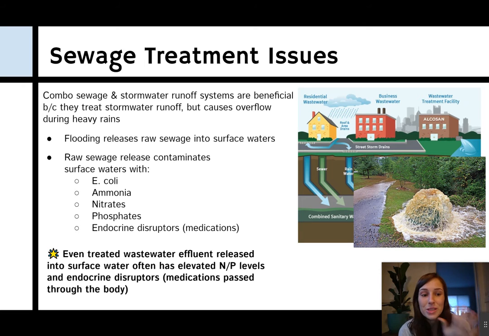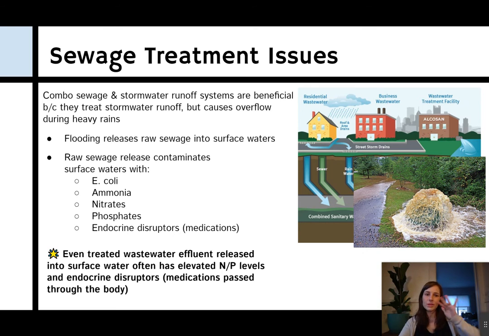And so raw sewage is then going to be contaminating. In Seattle, it got released directly into the Sound. This lovely picture here, it's getting released into some local parks, which have local streams and waterways. And with this raw sewage, you're going to be getting E. coli, ammonia, nitrates, phosphates, endocrine disruptors, and all of that is going straight into those water systems.